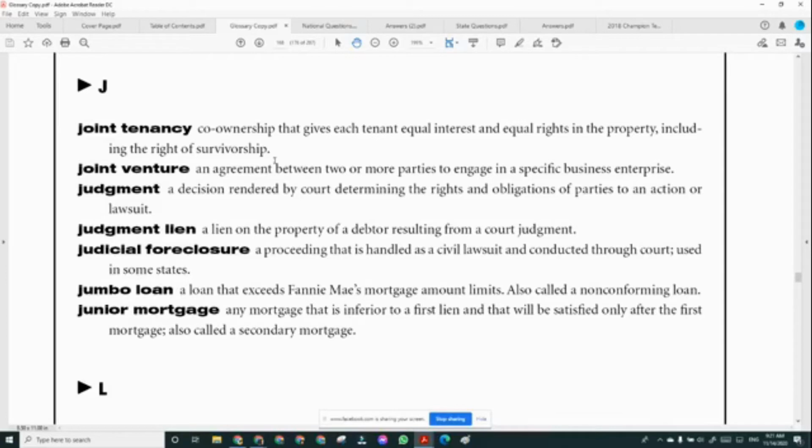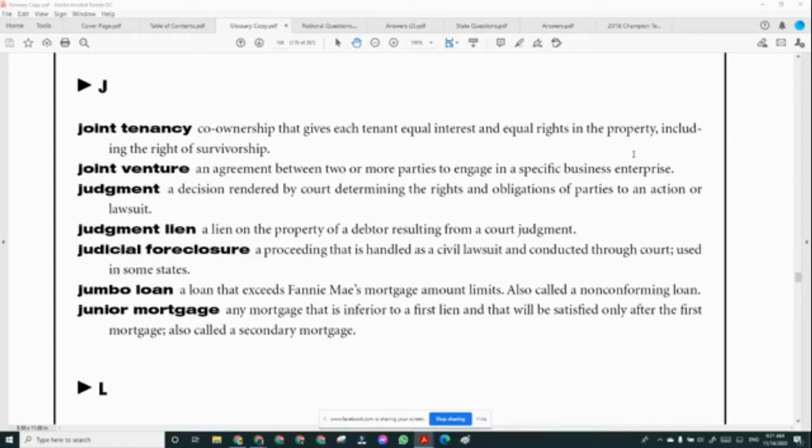T as in Tom, T as in Tom, I as in Indigo, P as in Paul. So that stands for they have to have the same interest, taken title at the same time, and then have equal interest and full possession. T-TIP, remember that, write it down.